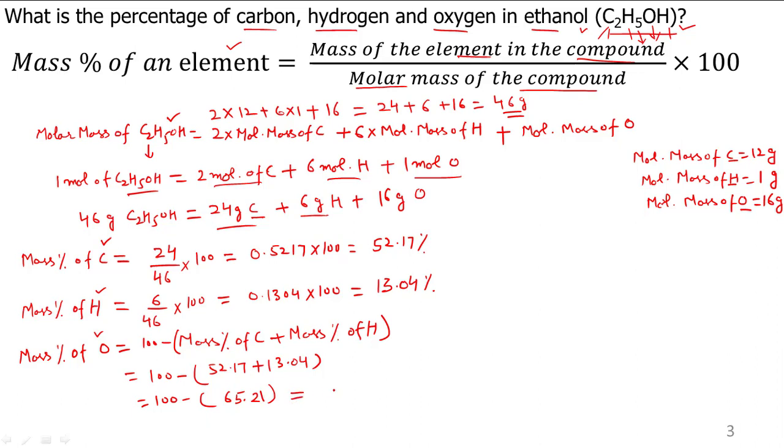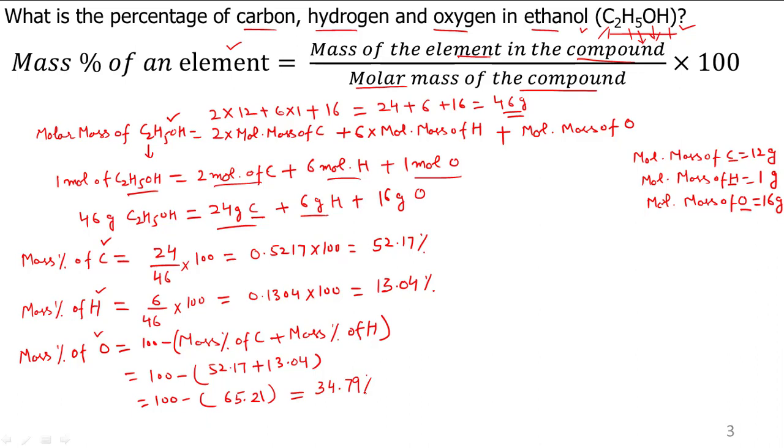So 100 minus 65.21: 10 minus 1 is 9, 9 minus 2 is 7, 9 minus 5 is 4 and 9 minus 6 is 3. So it is 34.79%. This is the percentage composition of oxygen.